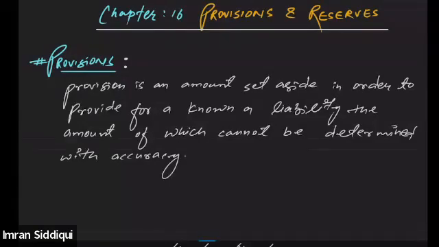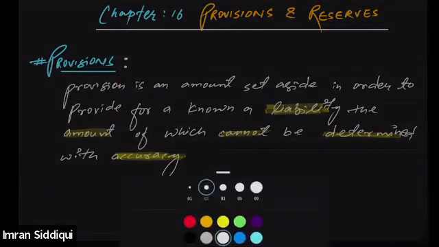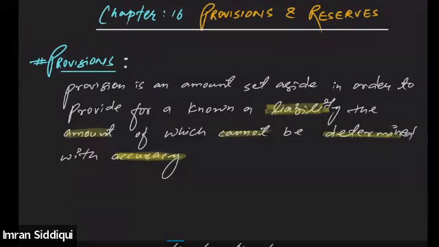The liability is known, but the amount that we will have to pay is not certain. We are not sure about the liability, the amount of which cannot be determined with accuracy. Basically, it is charged in the profit and loss account on an estimated basis.